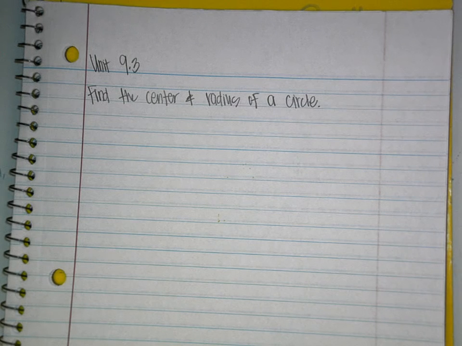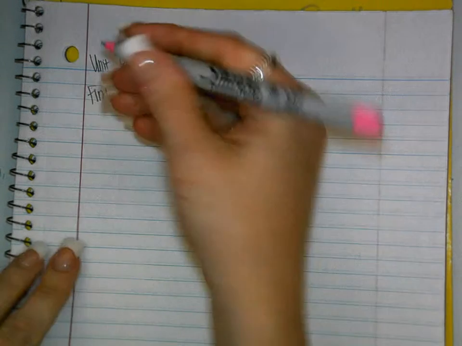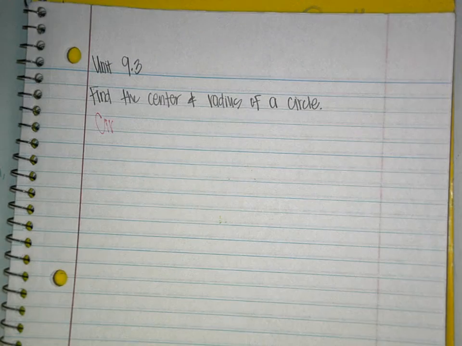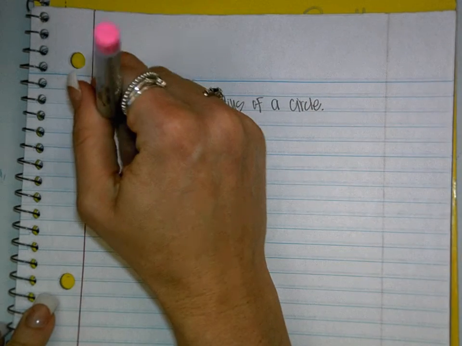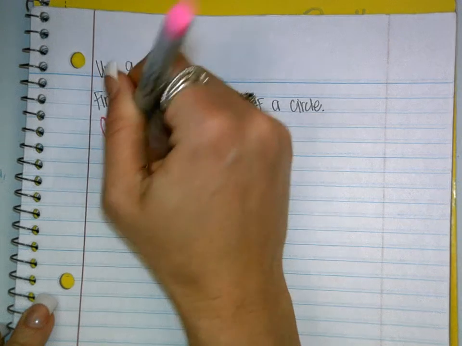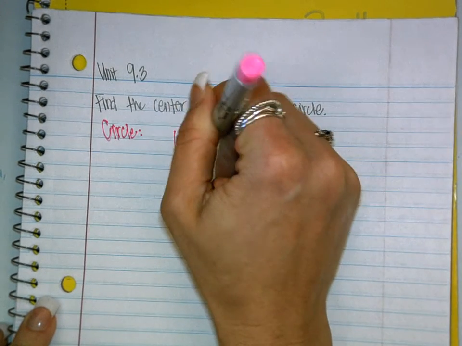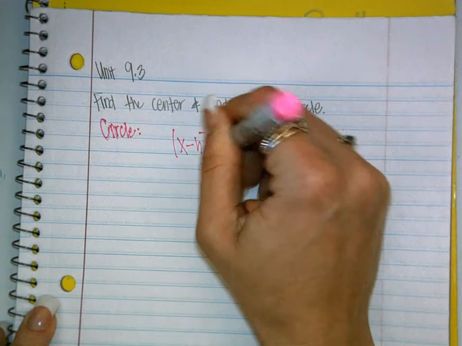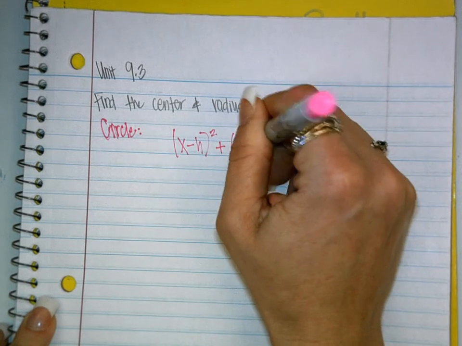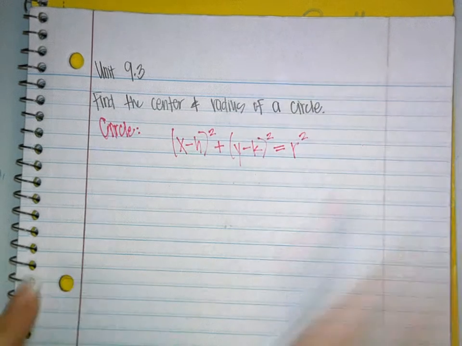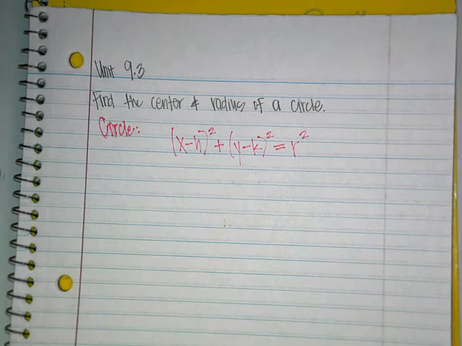All circle equations are going to look like (x minus h) squared plus (y minus k) squared equals r squared. Okay, that's what's called the standard form for a circle.